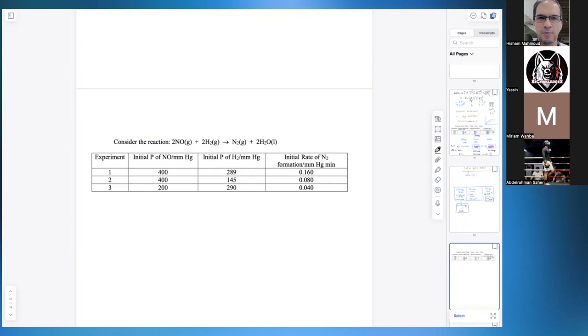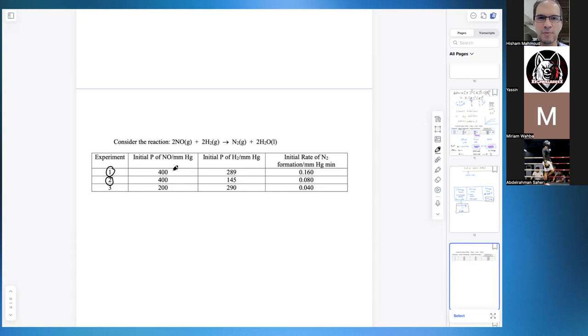Like if I picked 1 and 3, or 2 and 3, there is change here and change here, right? Yes. So I will not know whether the change in the rate is because of the change in the first reactant or the second reactant. I will be confused. So I will stop one of them from changing and make the other one change.